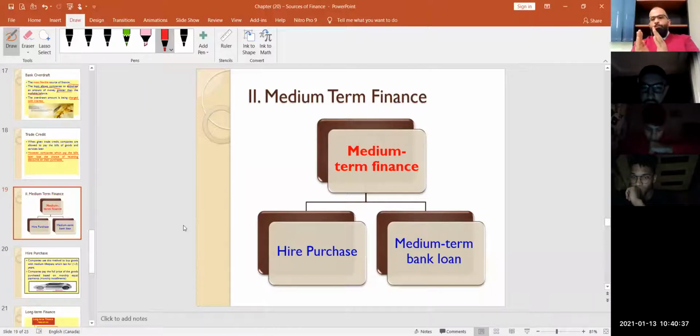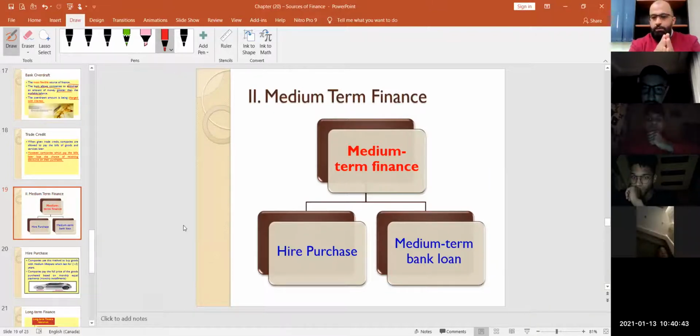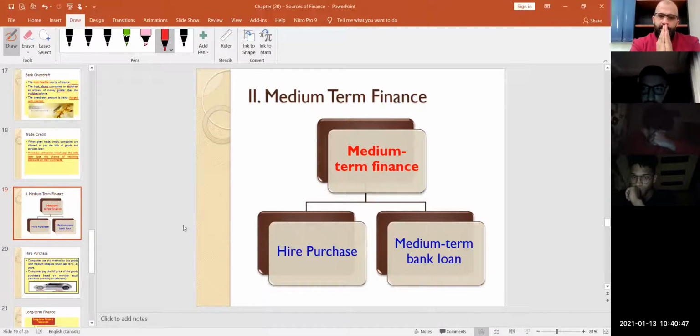Now we're moving on to another type of external sources of finance, which is medium term. Medium term means that we need to pay this amount of money in less than 7 years.